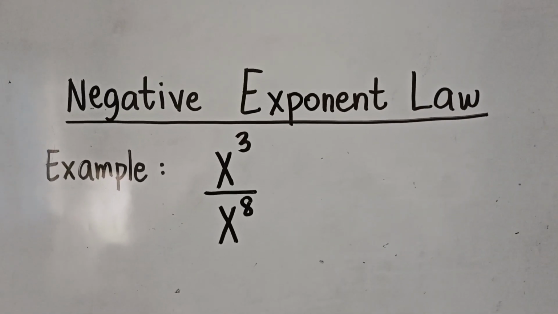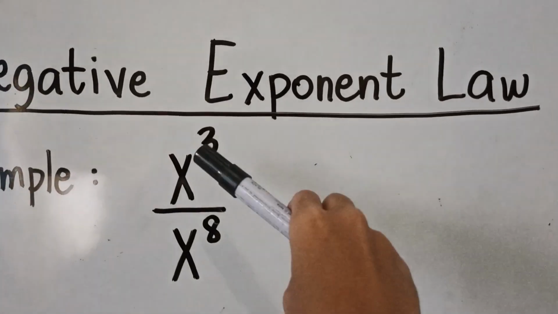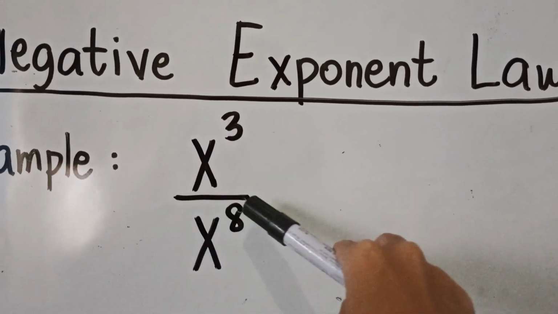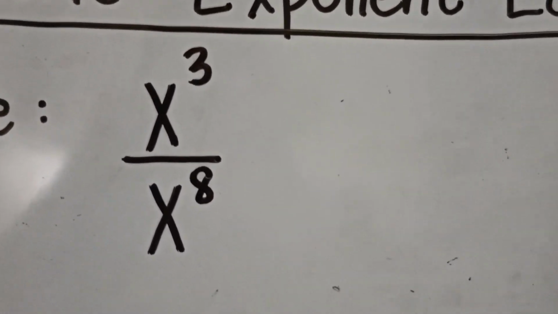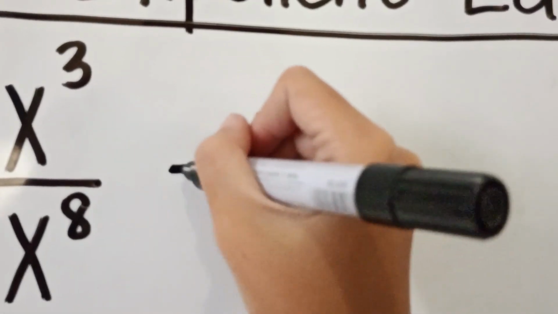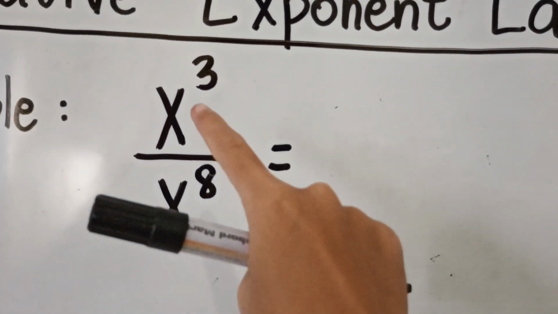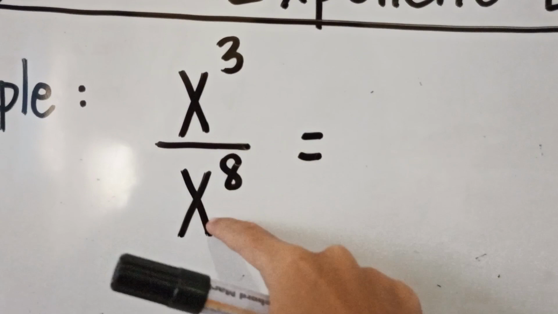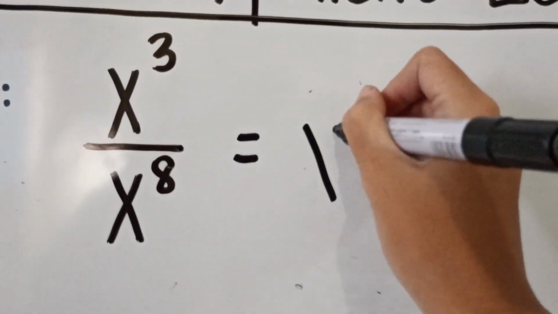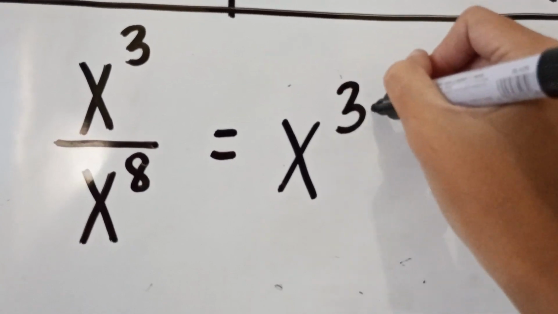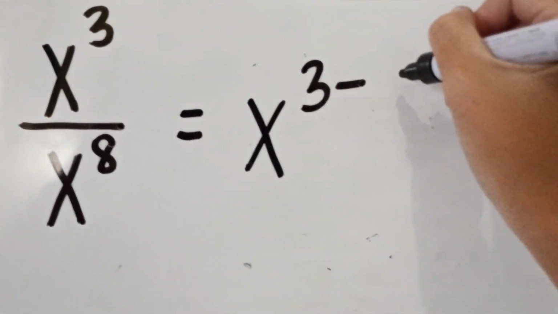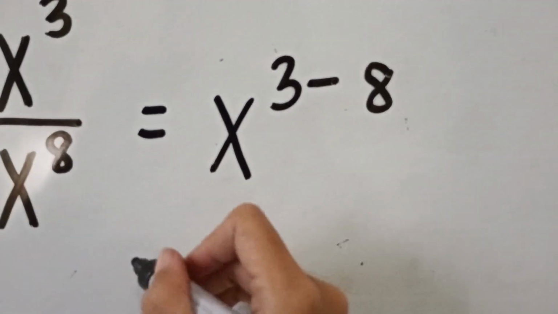Now we have here x cubed over x raised to the power of 8. So we're just going to have the same process as the quotient law. We're gonna copy first the common variable, which is x, and then copy first 3 minus the exponent 8. Alright?